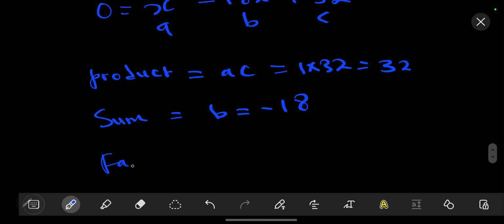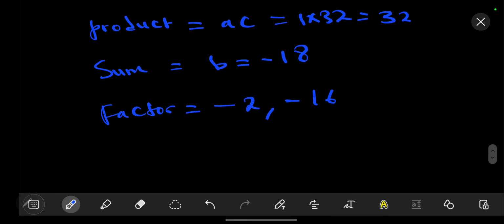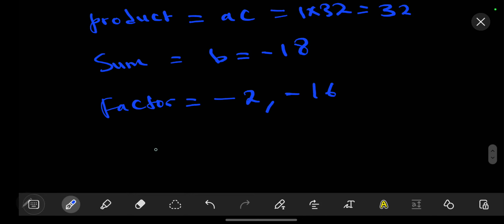Then our factors should be values which, if we multiply, they give us 32, and if we add, they give us negative 18. So we can use negative 2, comma negative 16. If I add this, I'll get negative 18. If I multiply, I'll get positive 32. So after doing that, we can replace.